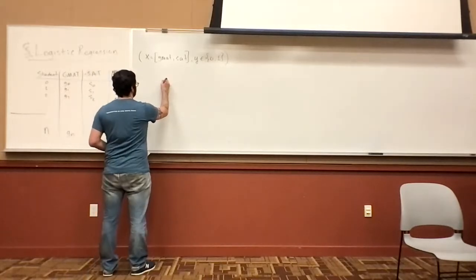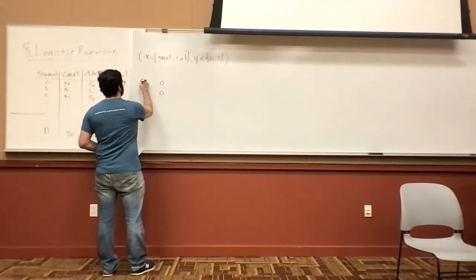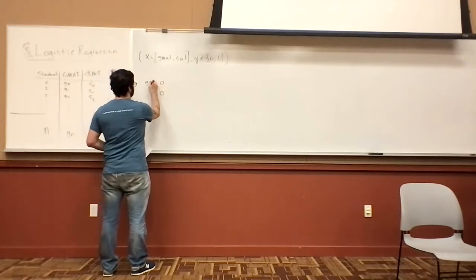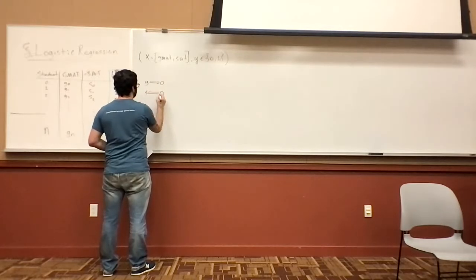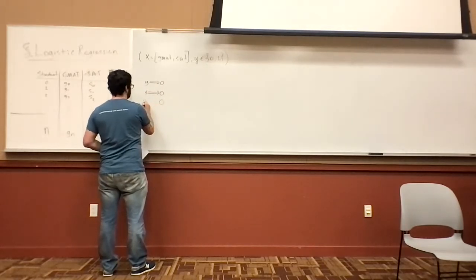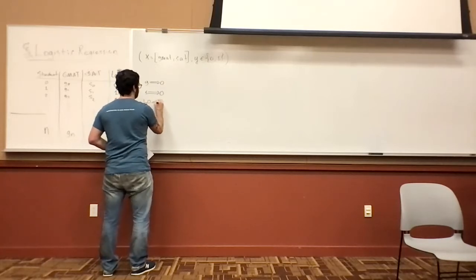Okay, so I'll say G goes in here, and S goes in here. And then of course, we can't forget our bias, which goes in here.